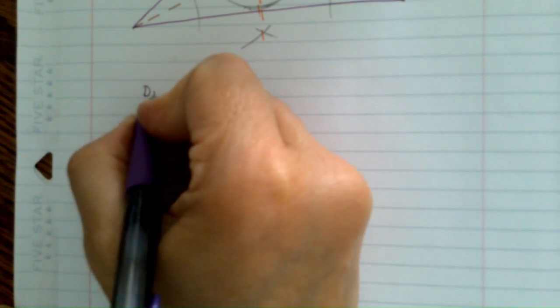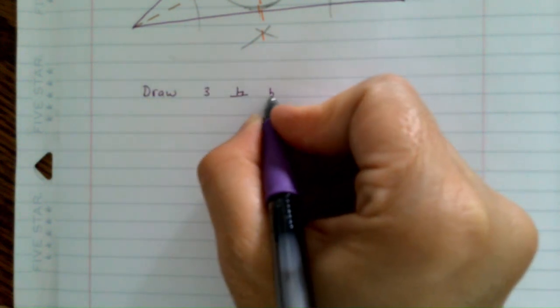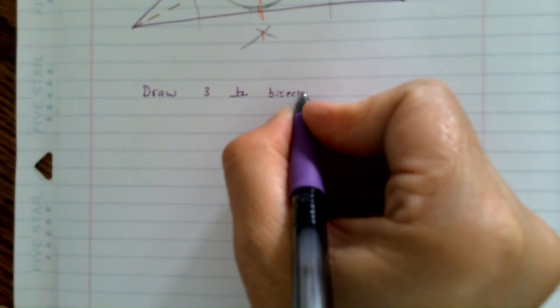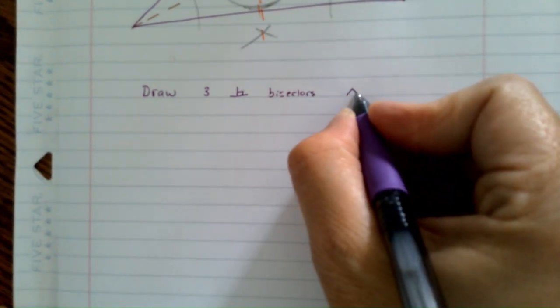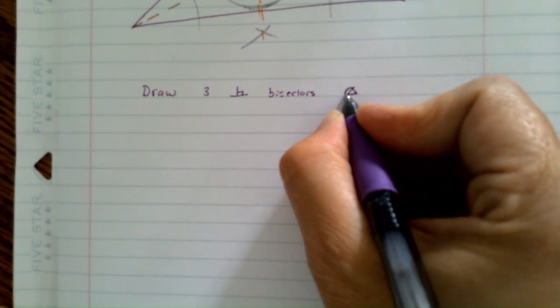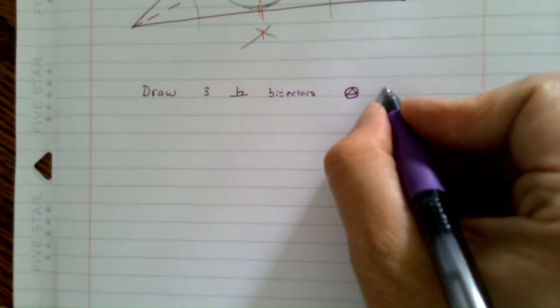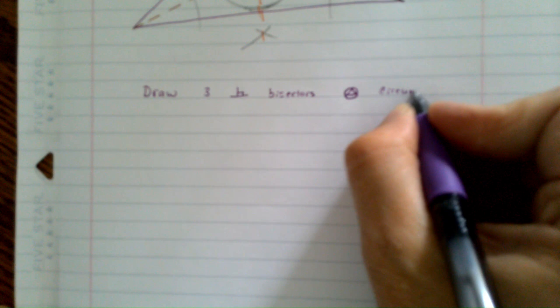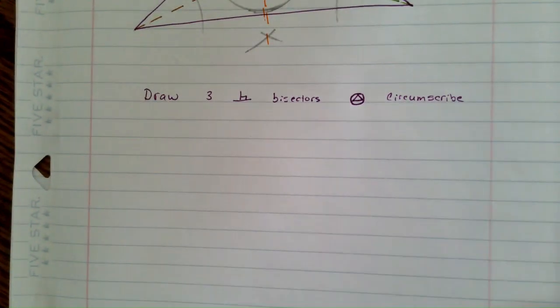If you draw 3 perpendicular bisectors, your circle is going to go around or circumscribe. Right? Ooh, hey, come on, there we go.